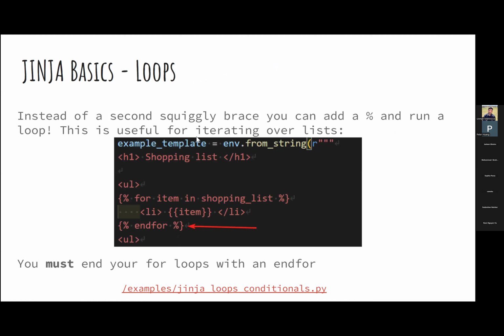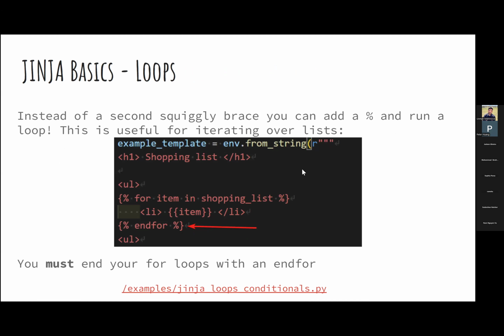Looking at the loops in Jinja, it's slightly different compared to Python. However, not by much. Instead of using squiggly braces alone, you can add a percent and then run a loop. This is useful when you're trying to iterate over lists and objects, whatever you're really iterating over. So what we have here is an unordered list.